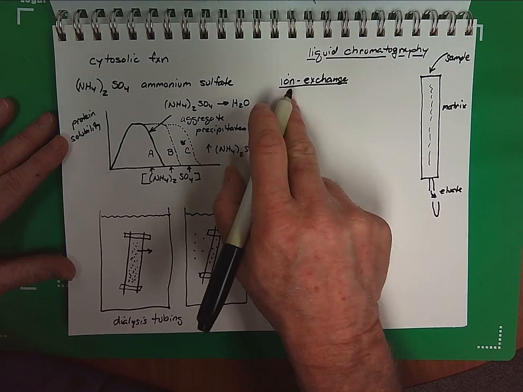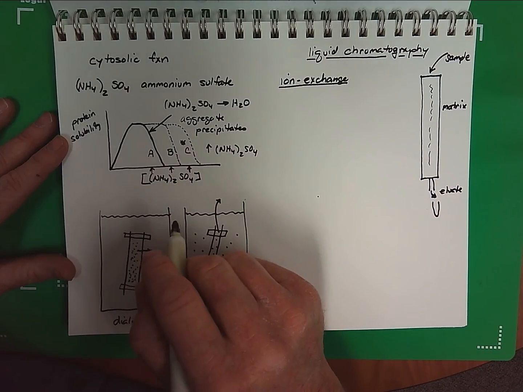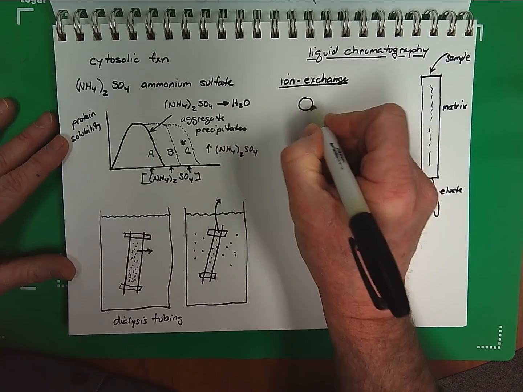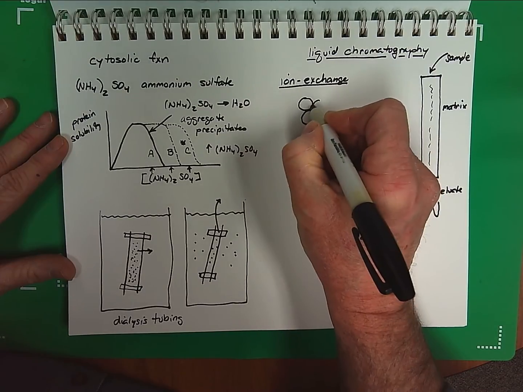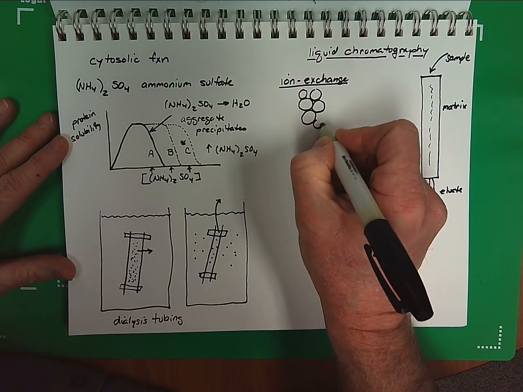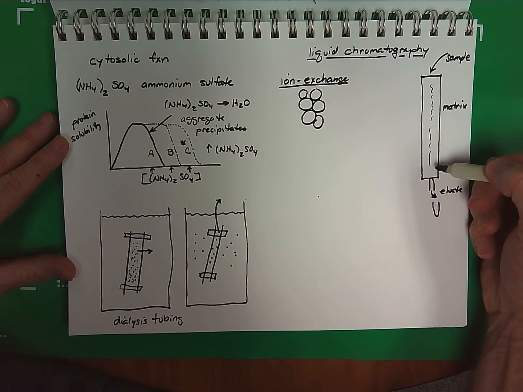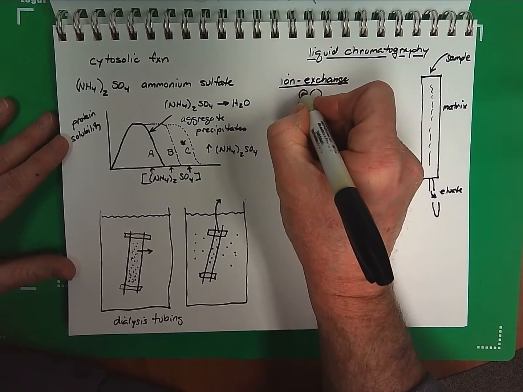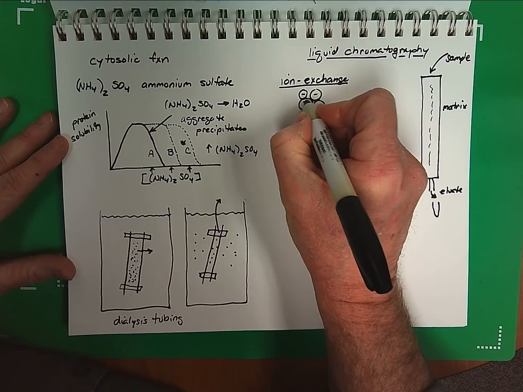So one type of matrix is ion exchange. In this case, for example, the matrix consists of beads, and these beads are packed inside this tube for fractionation. These beads, for example, are negatively charged.